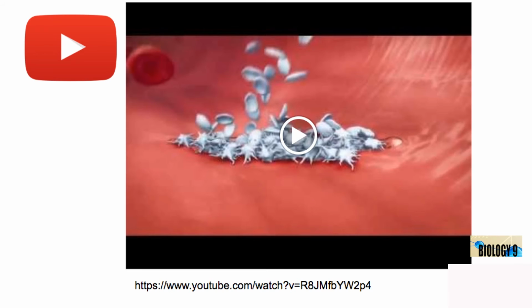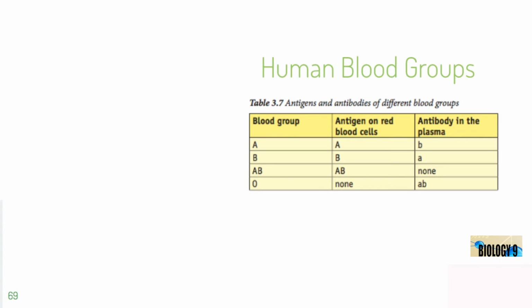Okay, let's talk a little bit about human blood groups. Have a look here on the table on the right. These are the different blood groups that are found in humans. There's 4 different types: A, B, AB, and O. How these are classified is due to some special proteins called antigens, which are found on the surface of cells, including red blood cells.